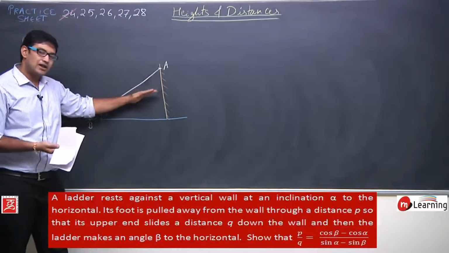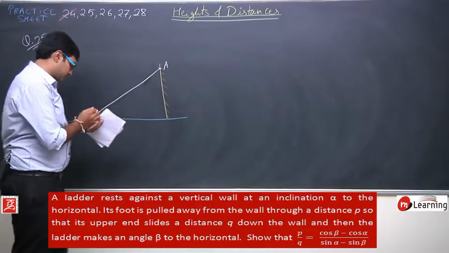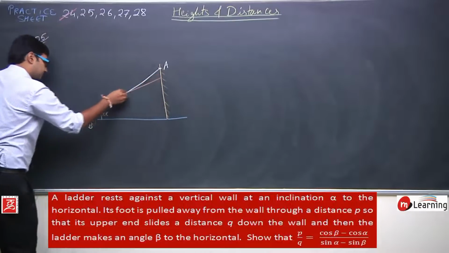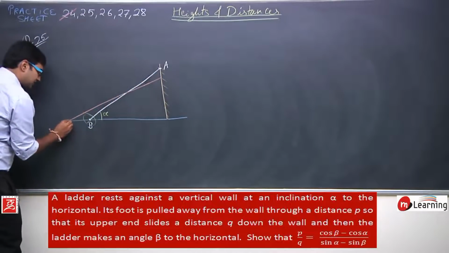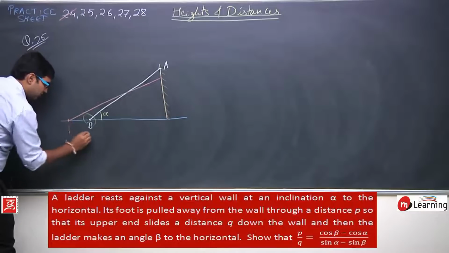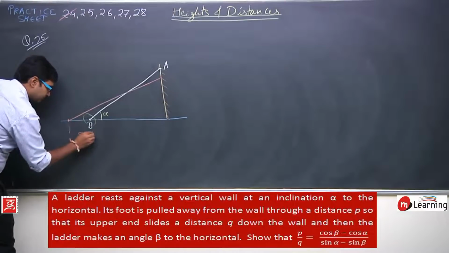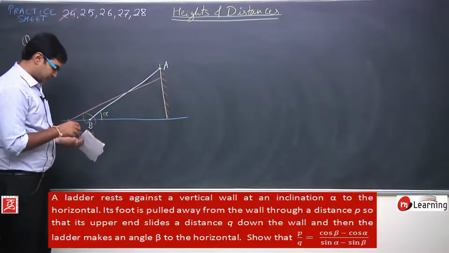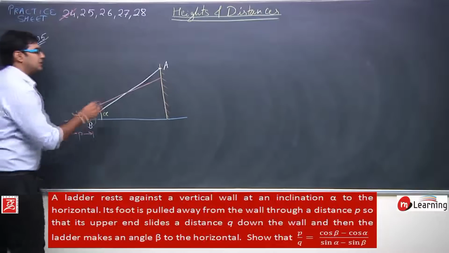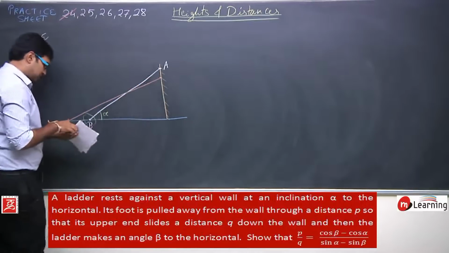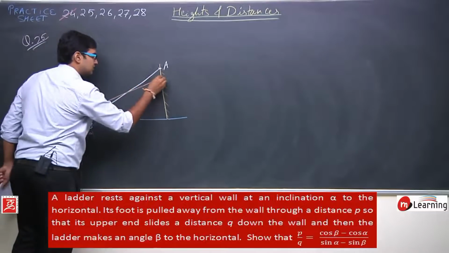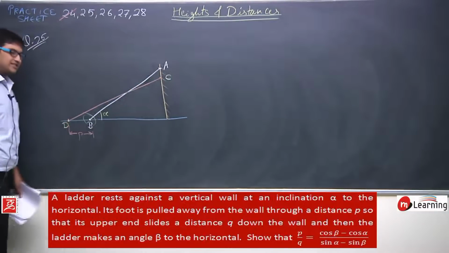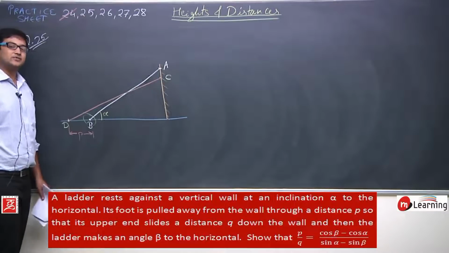When I pull this ladder through a distance of p units from this position, let us say the new position of the ladder is CD. So CD represents the new position of the ladder.